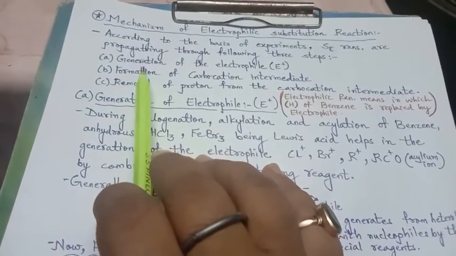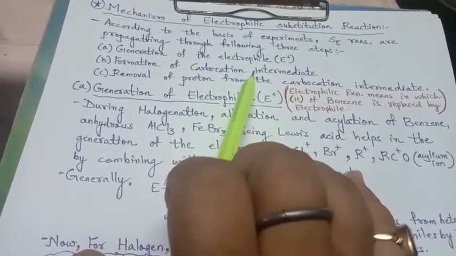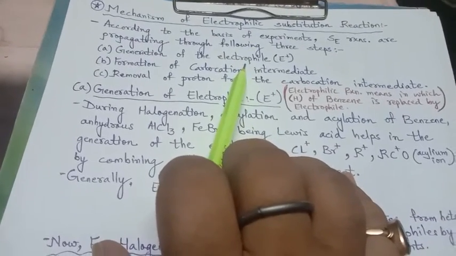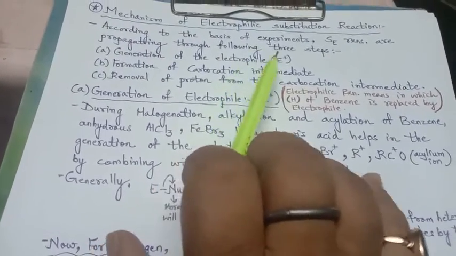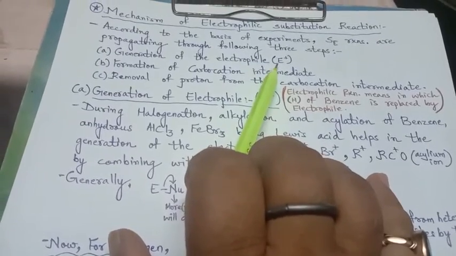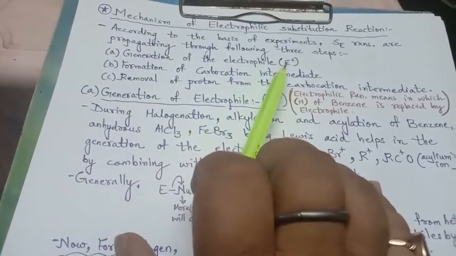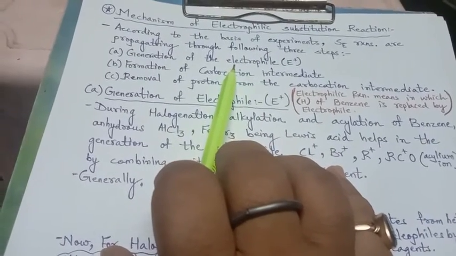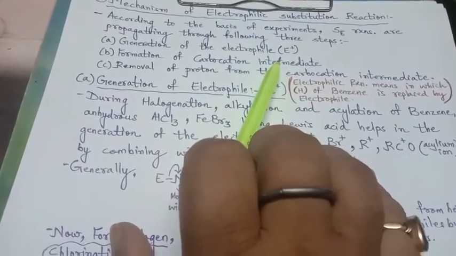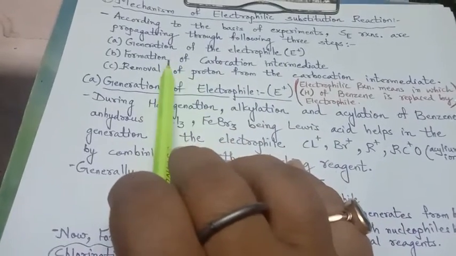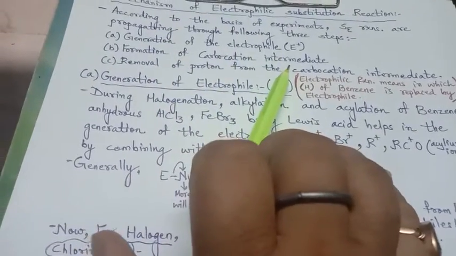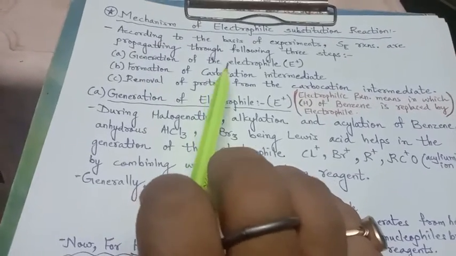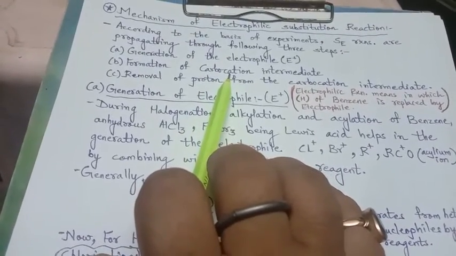The first is generation of the electrophile. That means whatever reagents are added, with the help of that reagent the electrophile is generated from the reactants. The second step is the formation of the carbocation. That means in the benzene ring, on the carbon, the cation is formed.